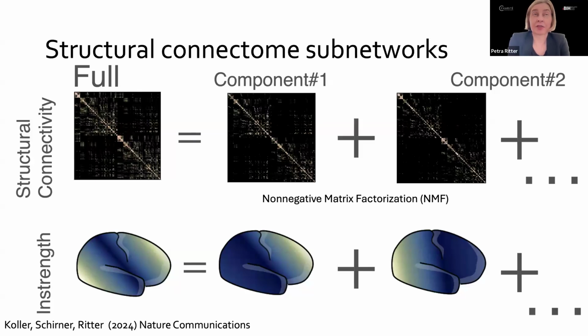So what we did next was we decomposed the single structural connectome into different structural connectome components. Here you see component 1, component 2. And we postulated that the different components can shape different frequency gradients in different frequency bands, which then could explain opposing traveling waves that are co-occurring in the brain at the same time.